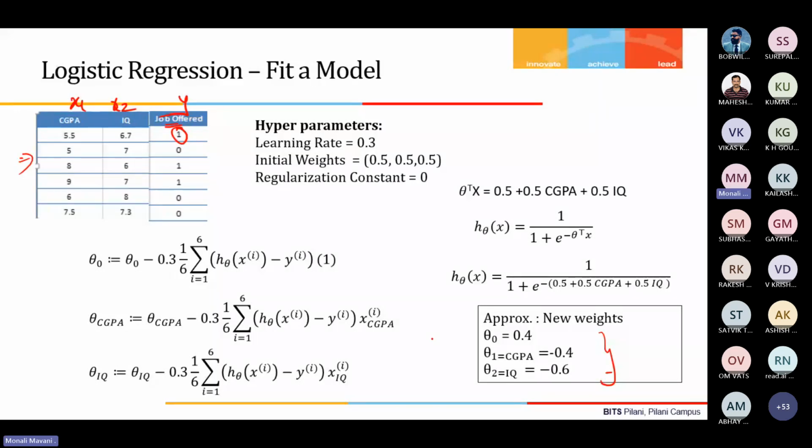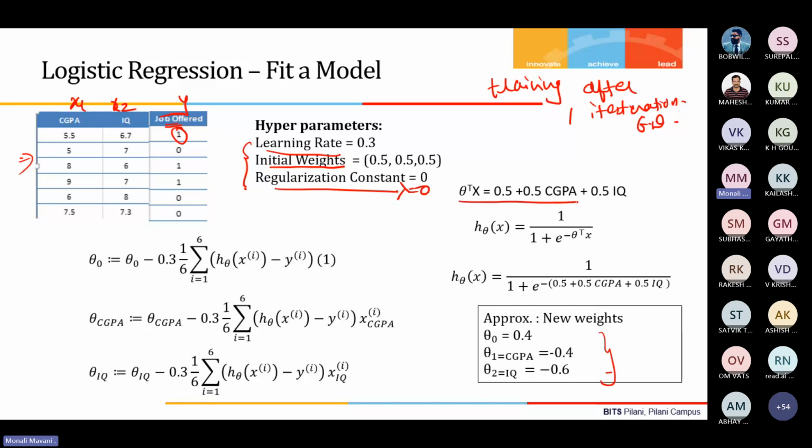So this is a training numerical, like the same problem which you did in linear regression, where certain hyperparameters are given, like learning rate, the initial weights, and the regularization constant. That means lambda equal to 0, no regularization. This is how we will write our W transpose X or theta transpose X.